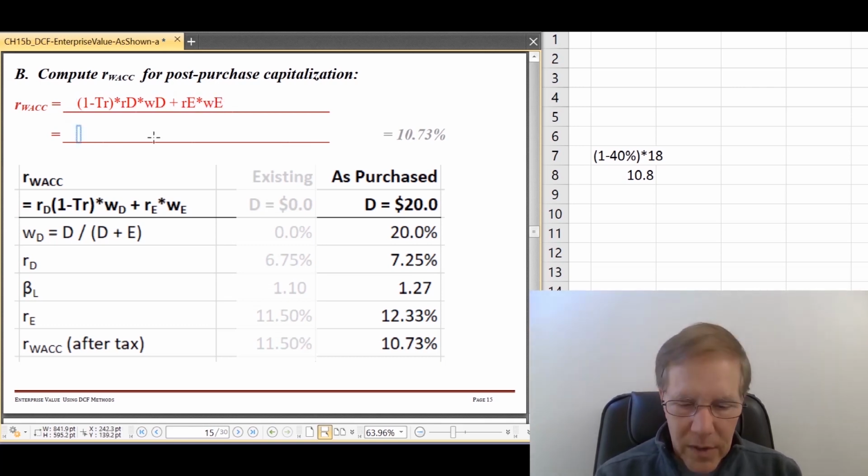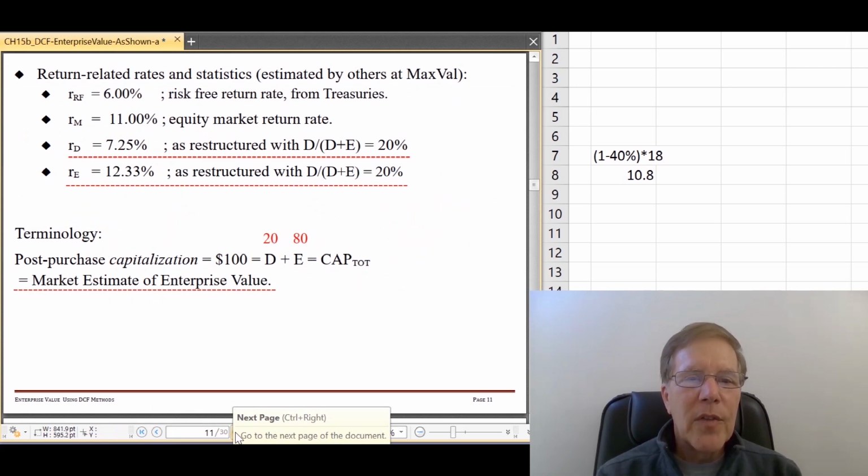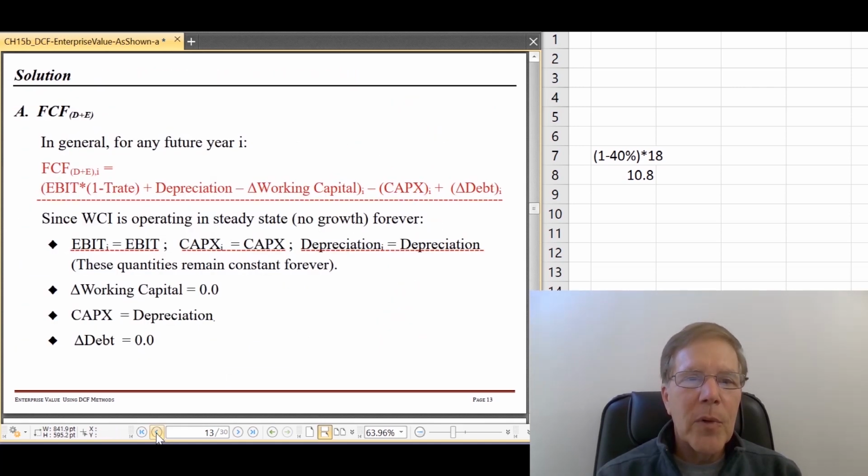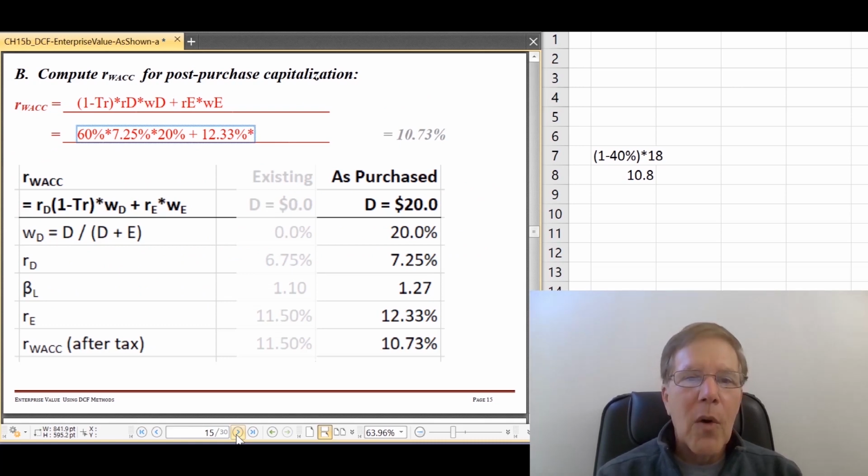So this time I'll put in the 60% there times our RD, 7.25%, and that's going to be times our weight of debt, which is 20%. And that's plus our RE, I think was 12.33%, times our weight of equity, which is 80%.